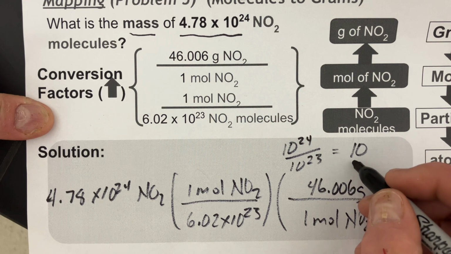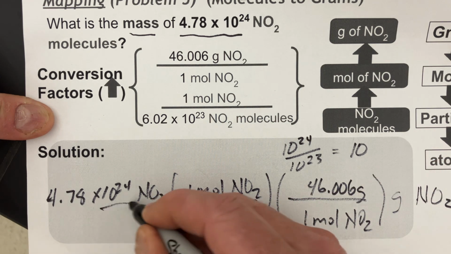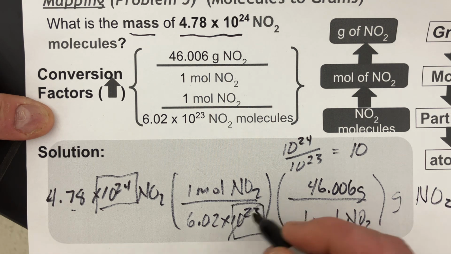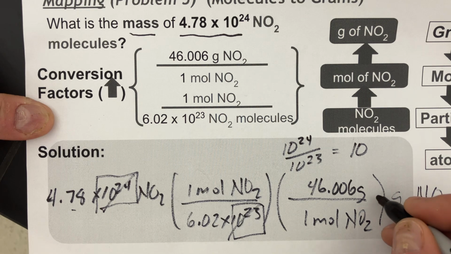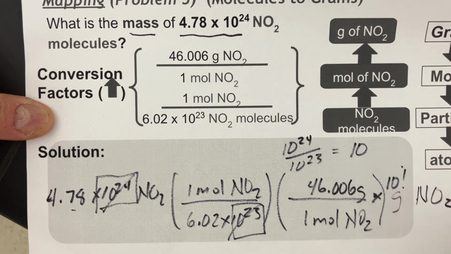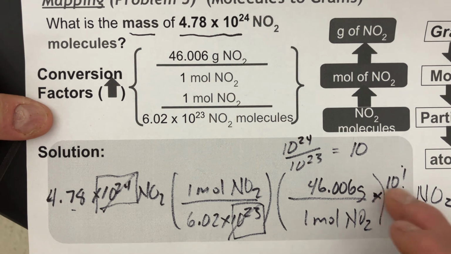So we can just say that's 10. So we can really take this power separate from the number, this power separate from the number, and say, hey, when I work with those, it's really going to be whatever I get times 10. So I'm going to keep that on the top, on the numerator side.